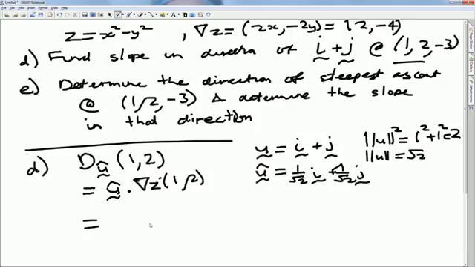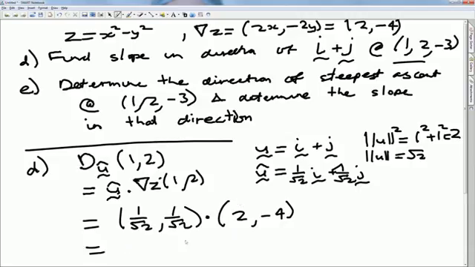So taking the dot product, writing it in vector form now: 1 over root 2, 1 over root 2, the two components, dot product with 2, minus 4. I used the i and j just as a convenience earlier to distinguish between the two, but at some point you need the calculations. When you do dot products, you just multiply corresponding entries.